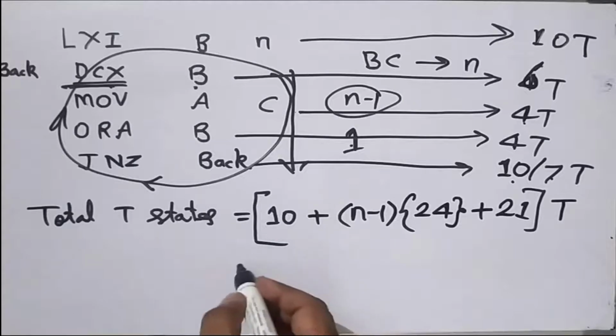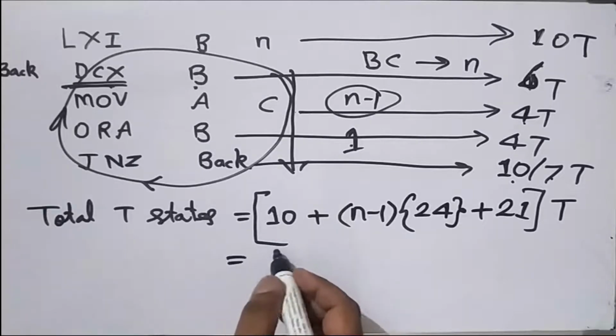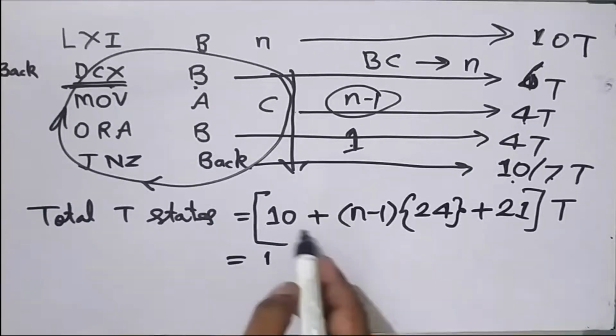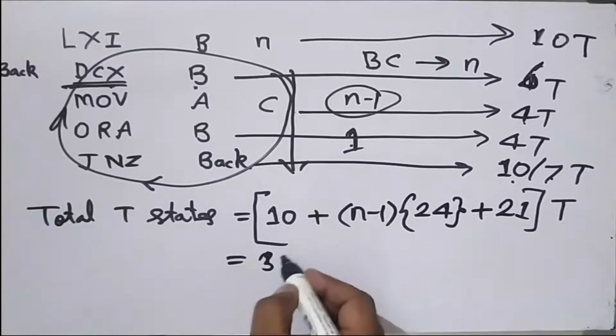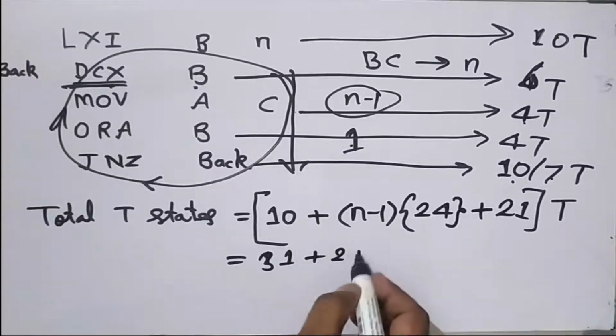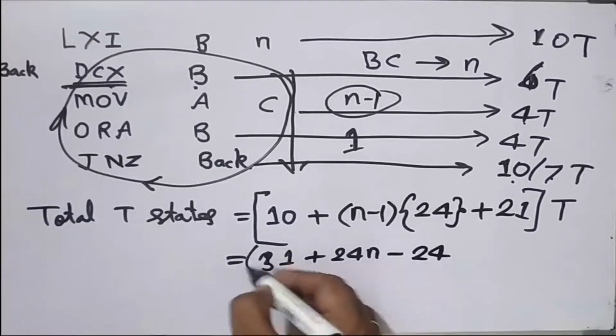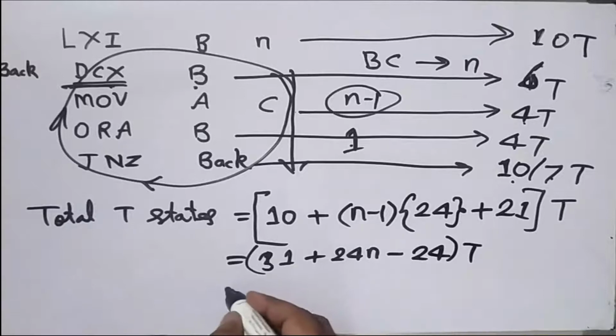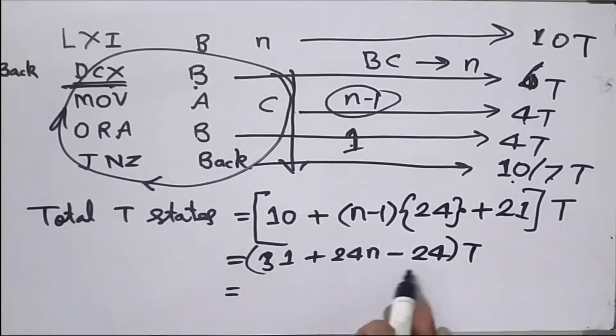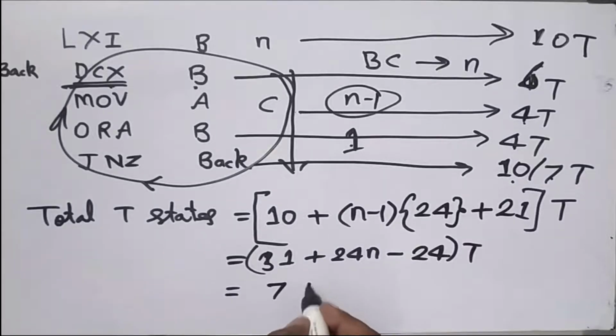Now first calculate. This will be 10 plus 21, 31, plus 24n minus 24 T. 31 minus 24 means 7 plus 24n.